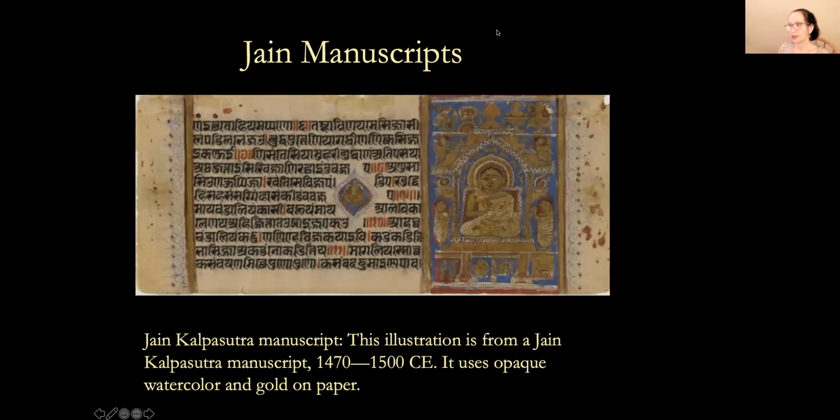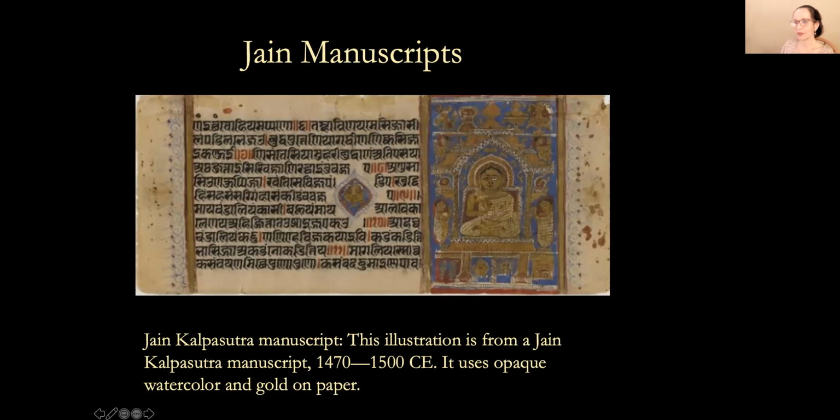Jain manuscripts. In this section I'm going to trace two themes, I suppose is the right word. First is the story of Mahavira, the foundational figure of Jainism, which appears in many Jainist manuscripts beginning around the 14th, 15th century because of a wider availability of paper.